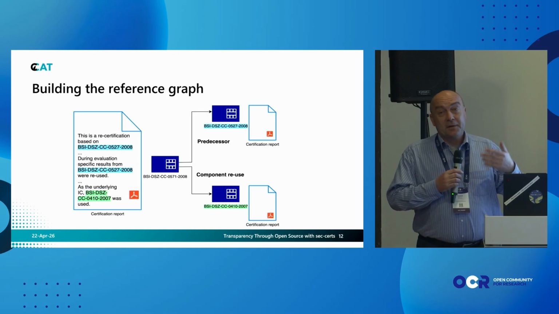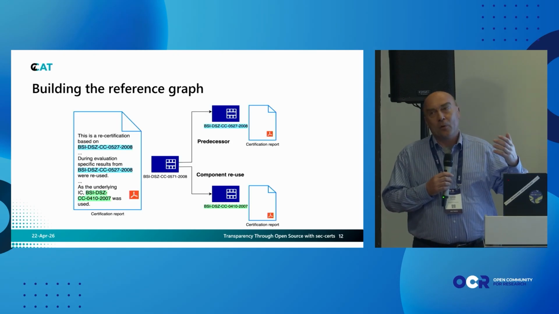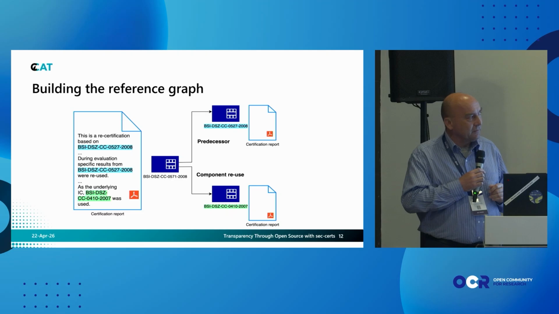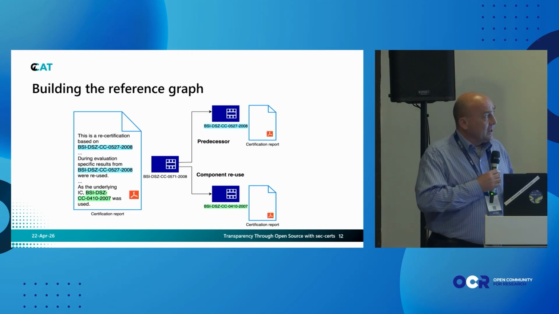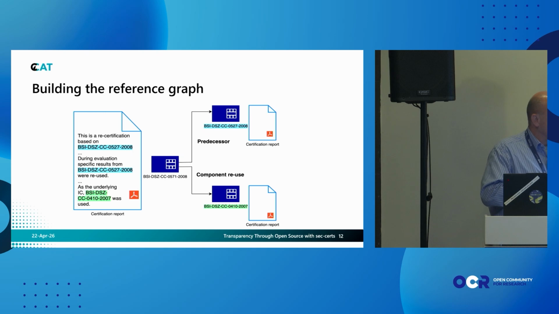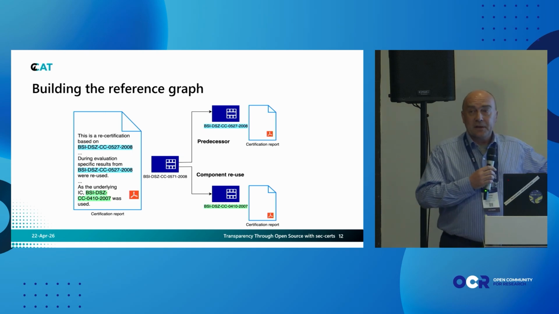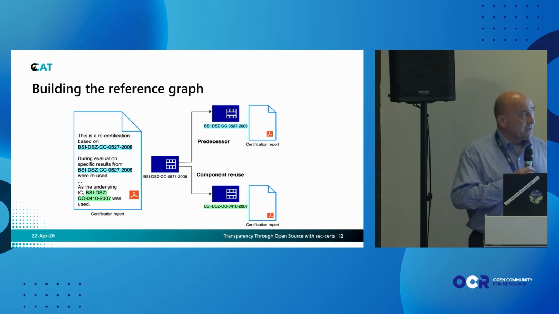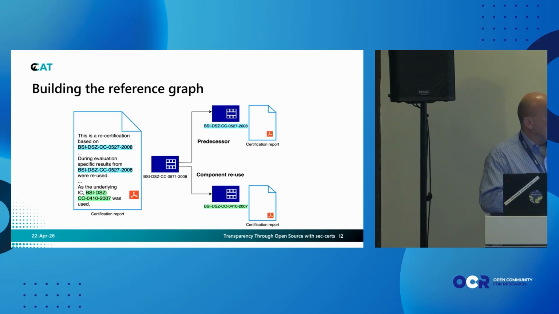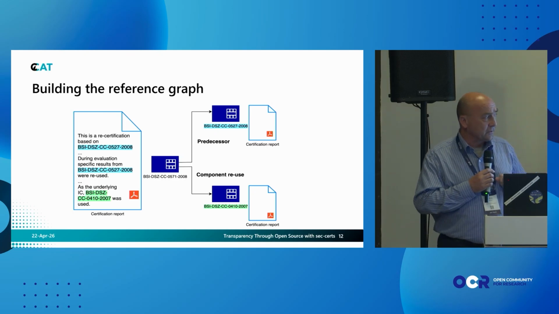So we are building, as one of the important activities within sec-certs, a reference graph. Imagine this simplified certification document that says that you certify a certain smart card. This certification is based on a recertification of an older smart card and uses its specific evaluation results.